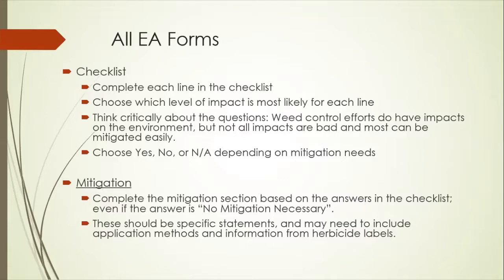Complete each mitigation section based on the answers in the checklist, and even if the answer is no mitigation necessary, please touch base on it a little bit. These should include specific statements and may include application methods and information from herbicide labels.